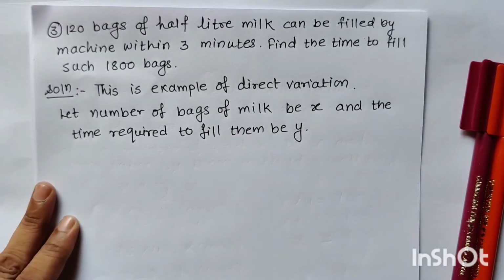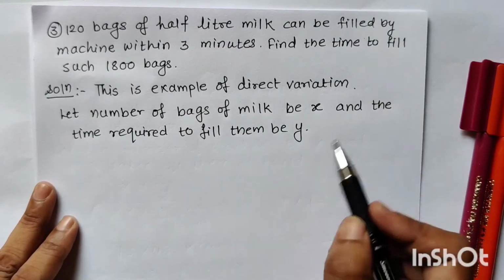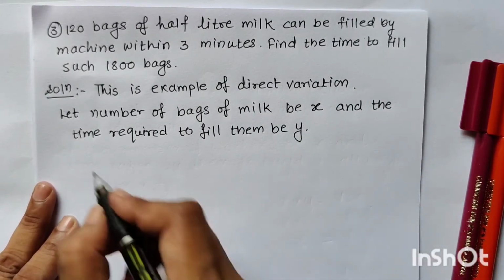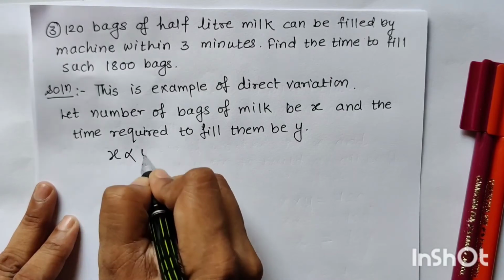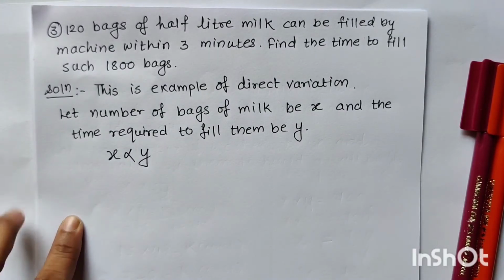So time required is y and number of bags is x. There is a direct variation. We write it in the symbol form. Direct variation: x directly varies to y. We directly write it down.